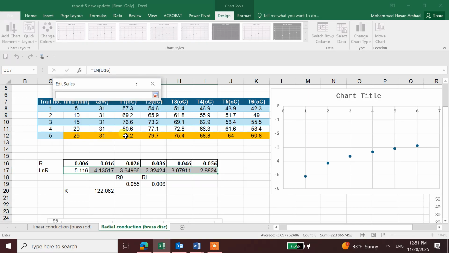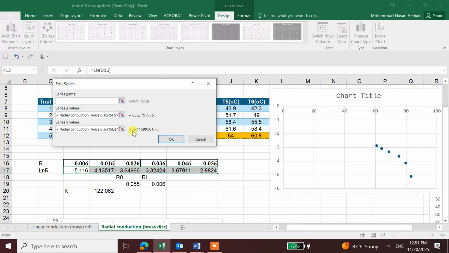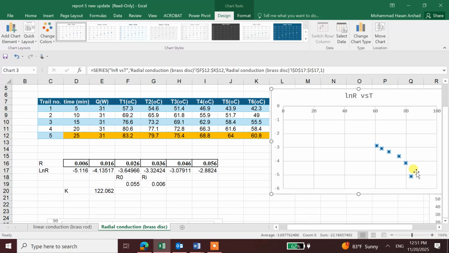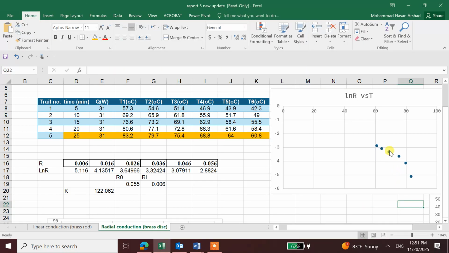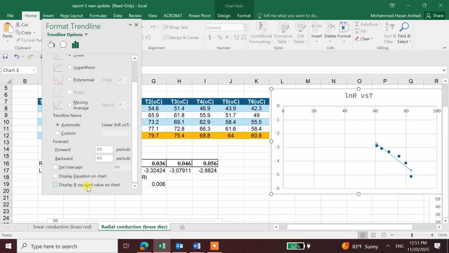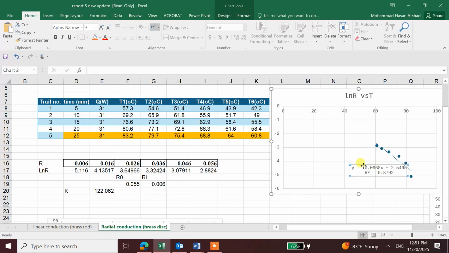The last data point is not coming out very good, but it's okay. We can draw a fitted linear trend line, and you can see R square is still okay, close to 0.9.